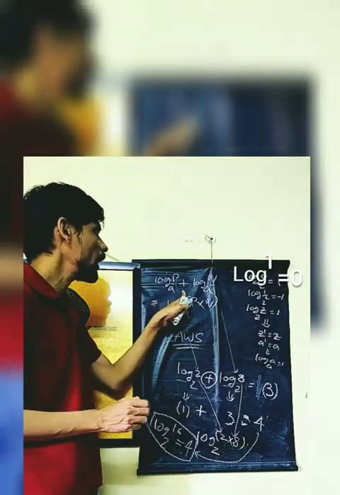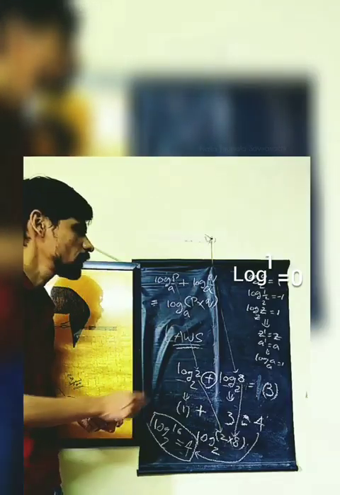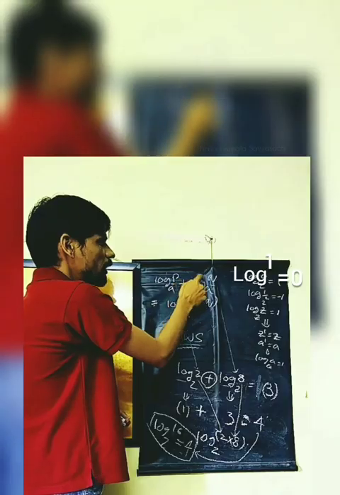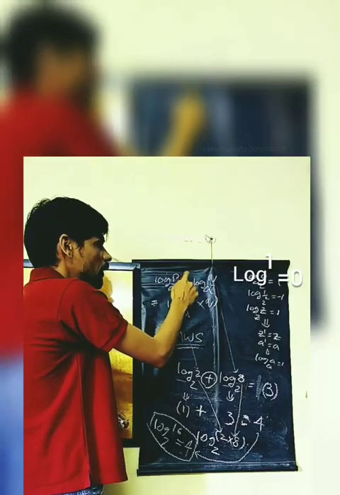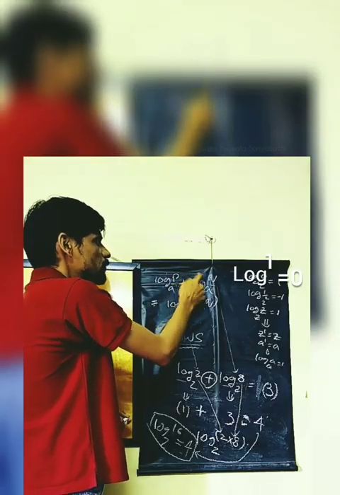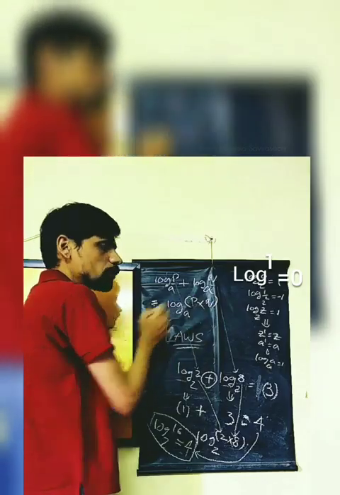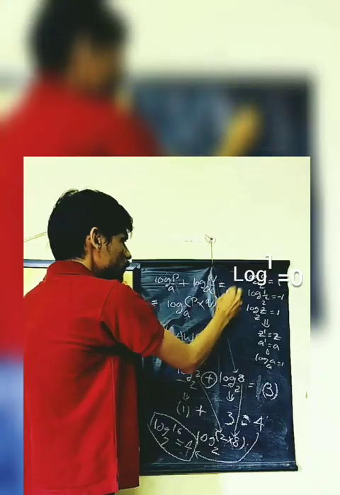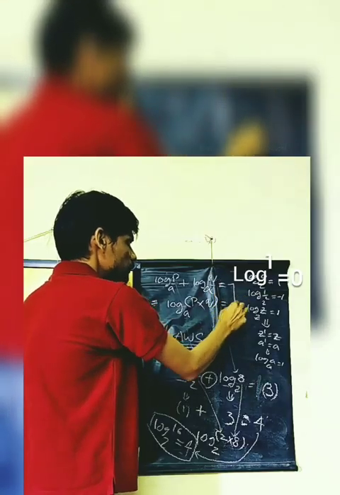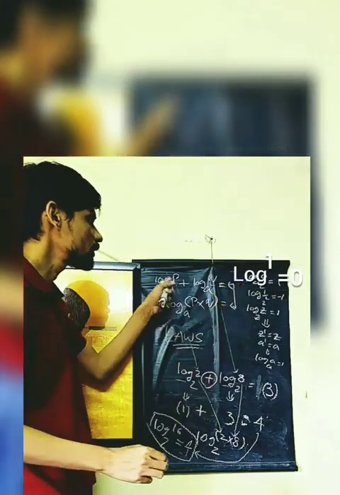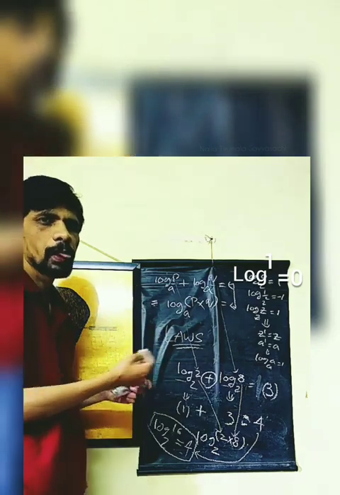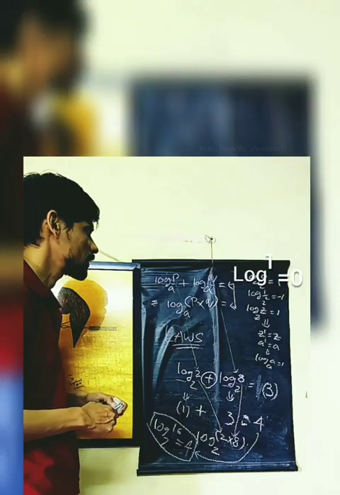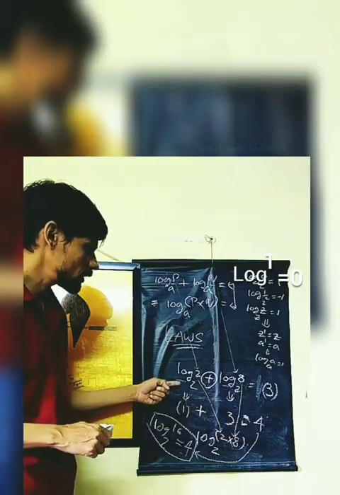When you are adding 2 logs, you can multiply the values p and q, so that the value of this is equal to the value of this, both are the same. You will get the same value when you evaluate this function. I hope you understood, right?